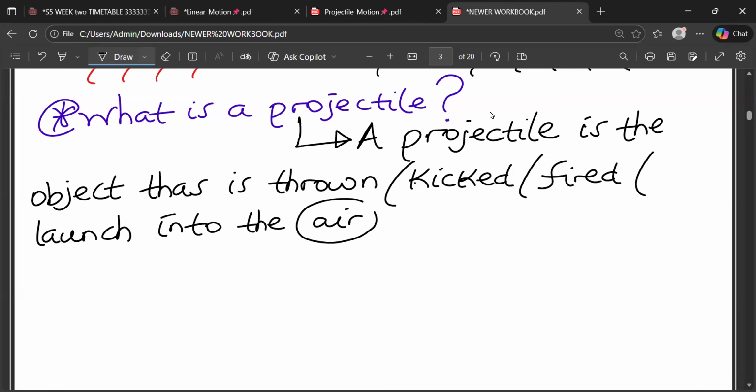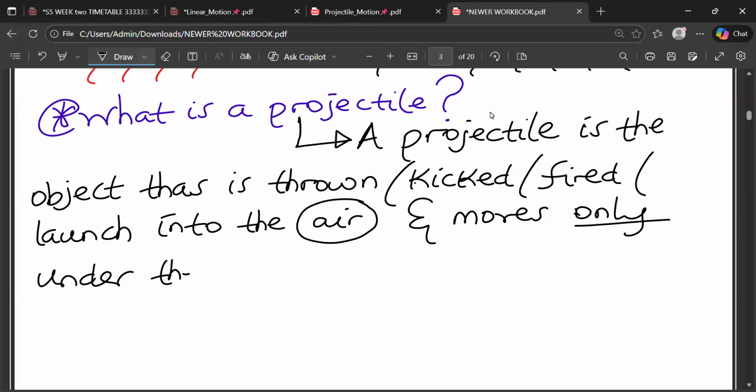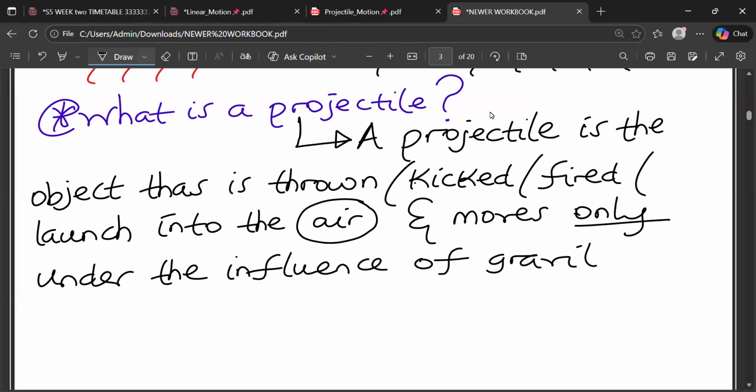Because all our calculations will always be in space. But have it in mind that these things must be under the influence of gravity. That's the first statement I made. And this moves only under the influence of gravity. Have that in mind.